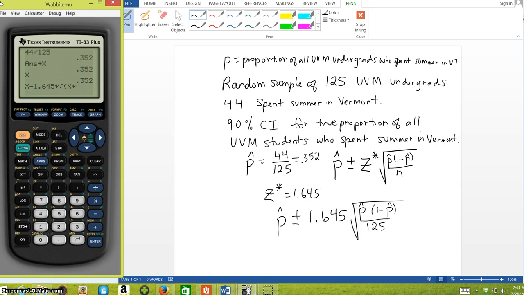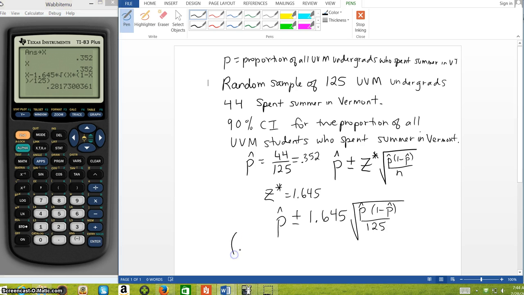I'm going to use the parentheses around my 1 minus p hat. Parentheses, 1 minus p hat is in X. And then divide by my sample size, 125. And it gives me the lower limit of my confidence interval, 0.2817. I'll round at this point because I'm on my final answer.